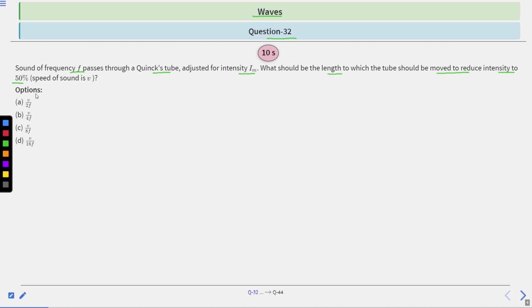Option A is V divided by 2F, option B is V divided by 4F, option C is V divided by 8F, and option D is V divided by 16F. So, which option is correct? A, B, C, D. You have 10 seconds to solve this question. After 10 seconds, we will provide the solution.